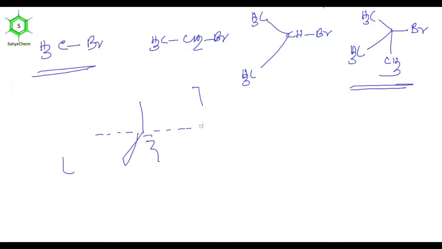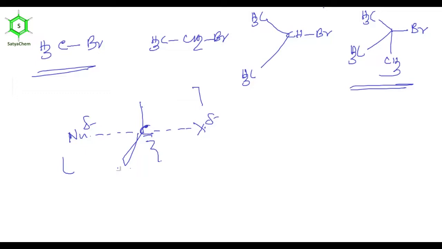In each case it will be pentacoordinated, means a pentacoordinate carbon with 5 substituents: 1, 2, 3, 4, 5.